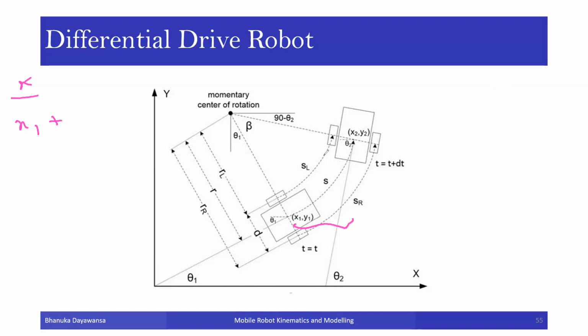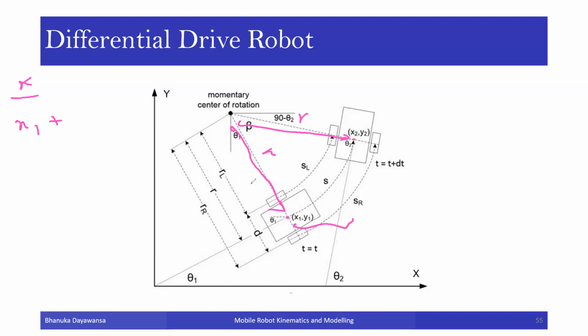These distances are all r, the radius. Up to this point, this is r. This is also r.